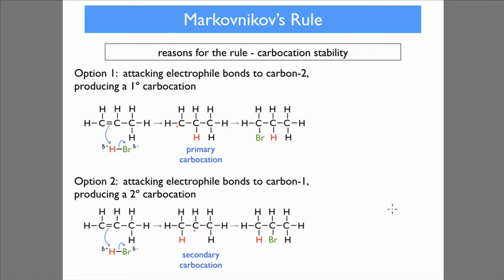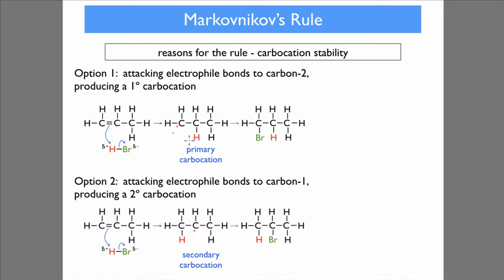So let's have a look. Option 1, reasons for the rule of carbocation stability. We're attacking the electrophile bond to carbon 2, producing a primary carbocation. So here you've got the alkene, the electrons of the pi bond being attracted to the positive dipole on the hydrogen because the electronegative bromine has become a negative dipole.